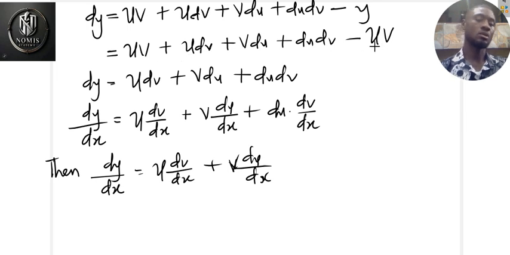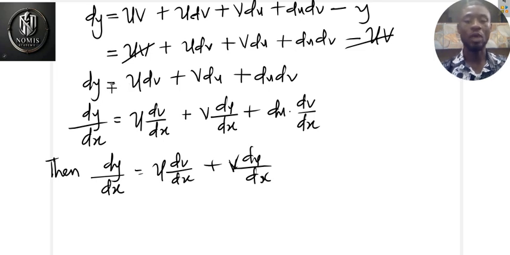So now we substitute y for uv. Now we have minus uv. So what happens here? This is plus uv minus uv. So this cancels this, meaning that plus 1 uv minus 1 uv becomes 0. So nothing is left around uv, because uv minus uv is equal to 0.